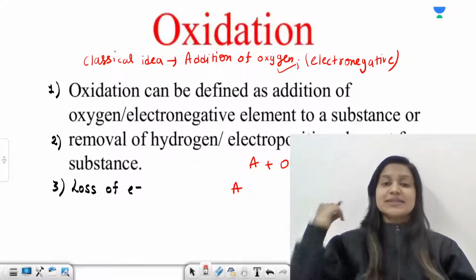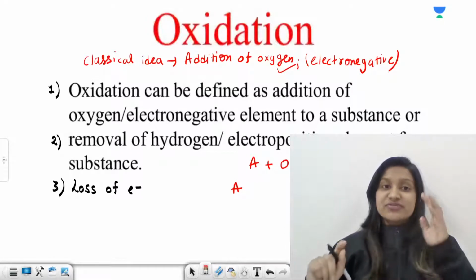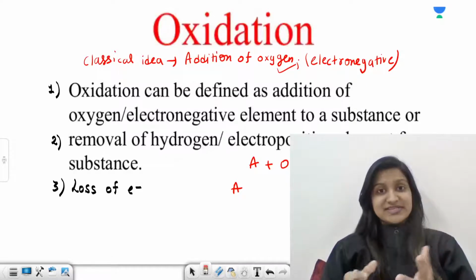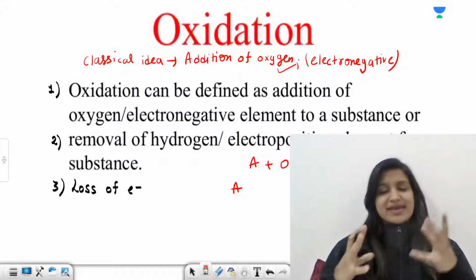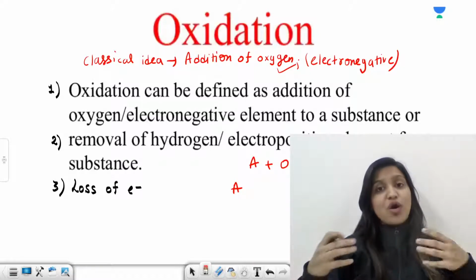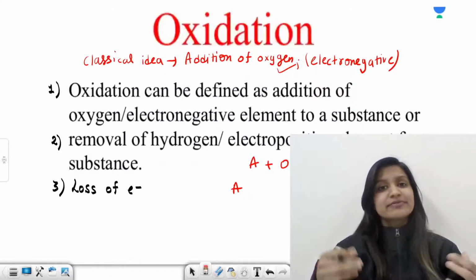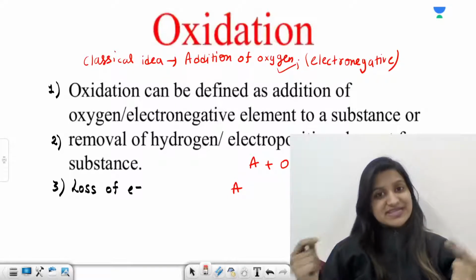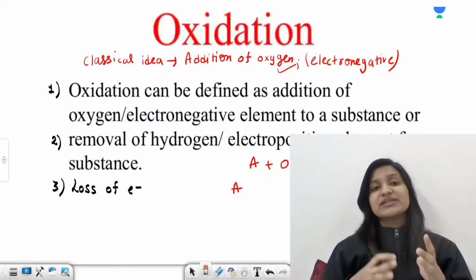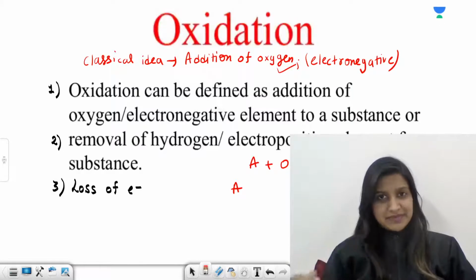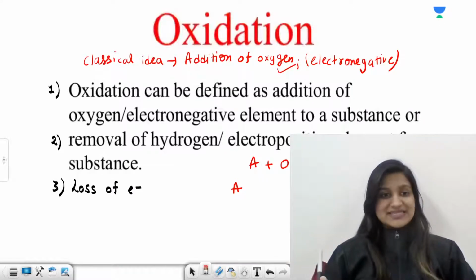Oxidation, we discussed, can be defined in three ways. The first is addition of oxygen, or any other electronegative element other than oxygen. We saw examples when we added chlorine, fluorine, bromine, and sodium, I believe, in the previous class.